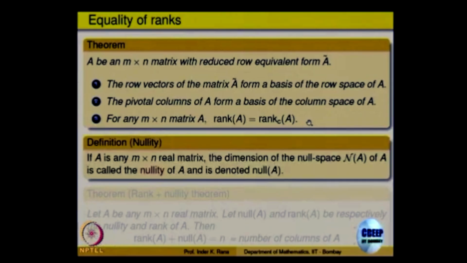One introduces the null space, remember, all vectors x such that Ax = 0. That is called the null space.